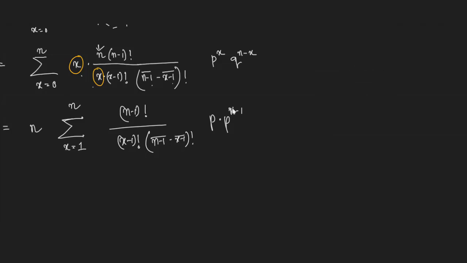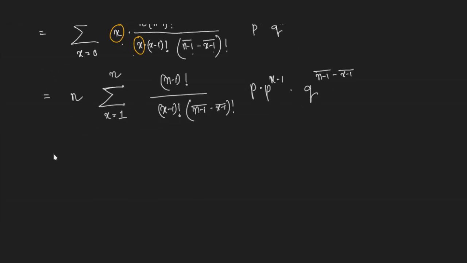So p to the power 1 and x minus 1 sum up to give x, and then this q can be written as n minus 1 minus x minus 1. That brings us to the next line, where I write np outside, then the summation x goes from 1 to n.